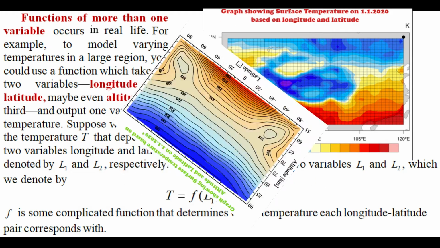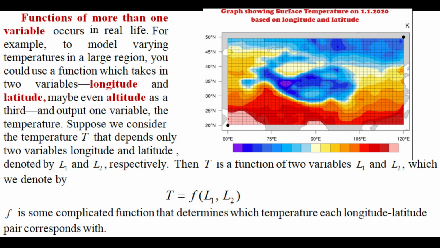Suppose we consider the temperature T that depends only on two variables, longitude and latitude, which are denoted by L1 and L2 respectively. Then T is a function of two variables L1 and L2, which we denote by T is equal to f of L1, L2. F is some complicated function that determines which temperature each longitude-latitude pair corresponds with.